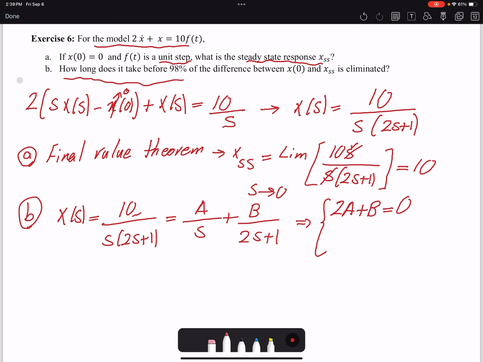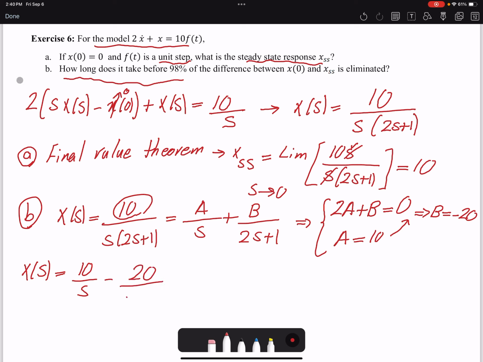In the numerator I don't have any s, so that would be 0. And then a is 10. Plugging this in, b would be negative 2a, or negative 20. So my Xs would be 10 over s minus 20 over (2s plus 1).